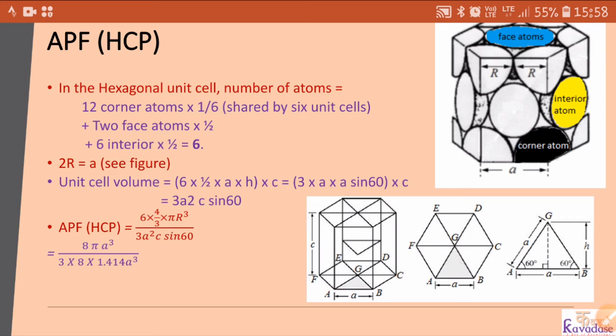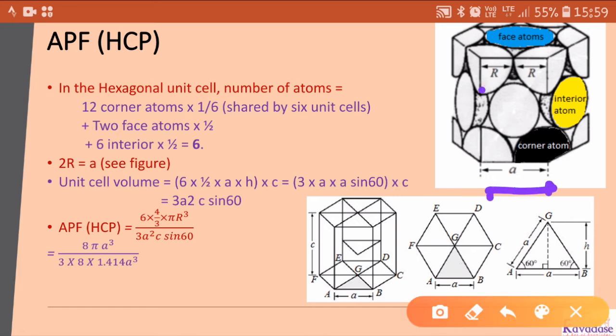Okay, and to find out the relationship between R and A, in the figure you can see this is my A and this is my R. The volume of the unit cell can be calculated as follows: if I calculate the area of this triangle and multiply it by 6, I will get the area of this complete base.